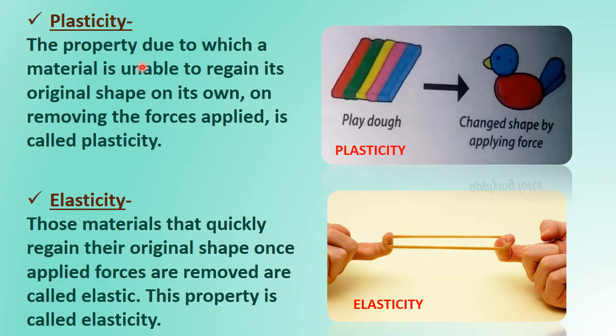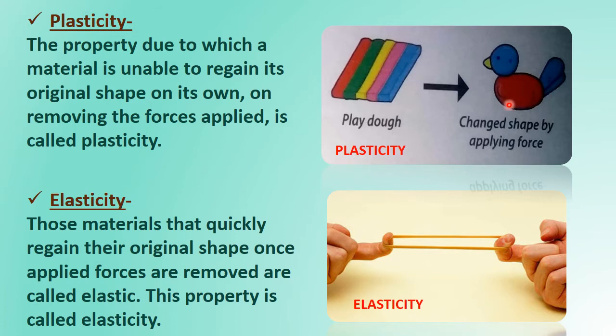Let us study about the elasticity and plasticity of solids. Different solids behave differently when stretched or squeezed. Some get permanently changed in shape, some regain their original shape soon after the applied forces are removed. You can make any shape out of clay dough by applying force like squeezing, stretching and pressing on it.